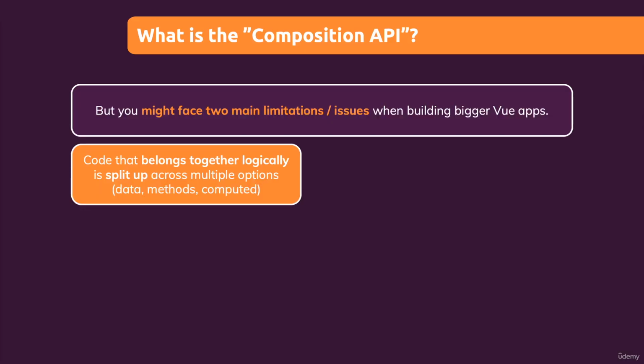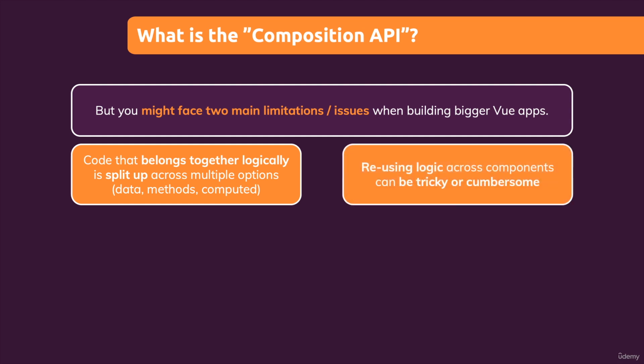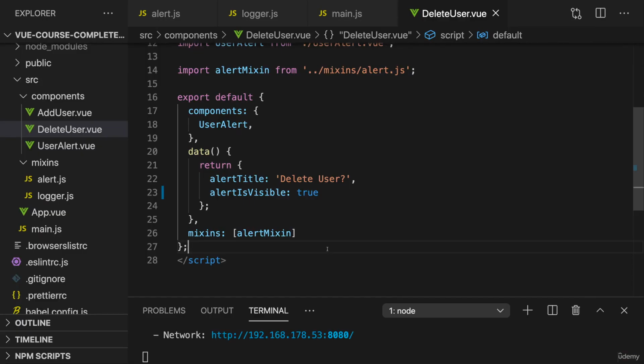And you might remember that in that last module, I already mentioned one possible downside you might face in bigger Vue apps when using the Options API. So the way of building components with data, methods, computed, and watch, which we used in the majority of this course. It's a great way, but reusing logic can be tricky or cumbersome because we use mixins for reusing logic when using that Options API, and for the reasons I just mentioned, that can be problematic in bigger apps.